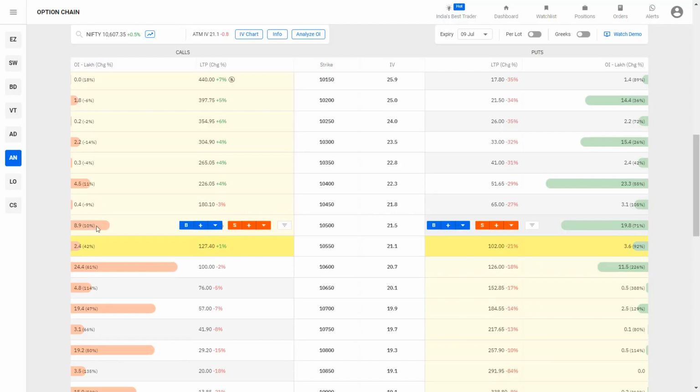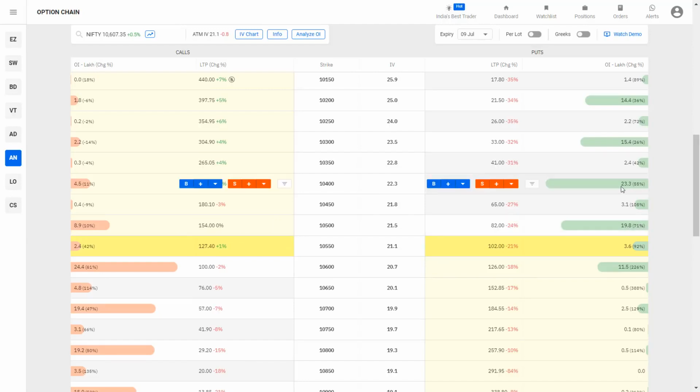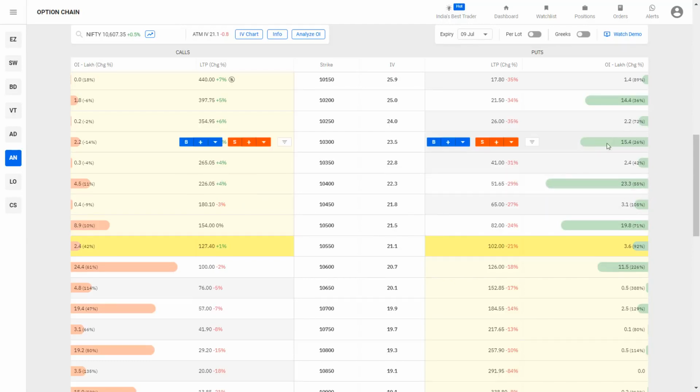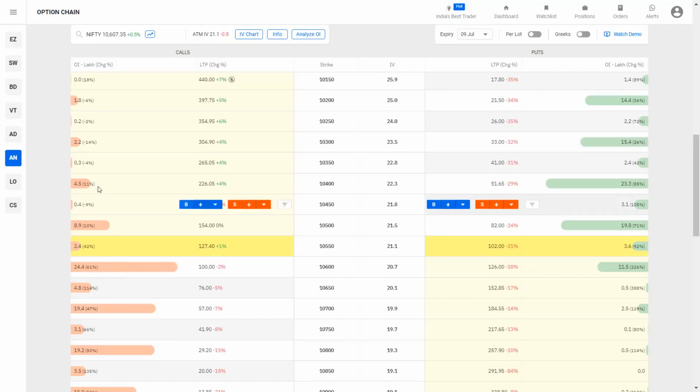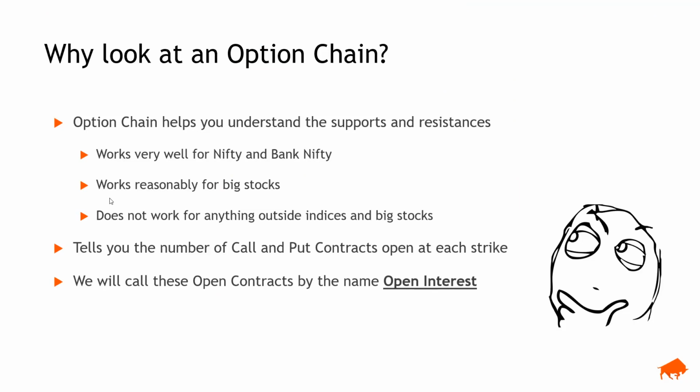In brackets, you can also see how much it has changed. So it means that this OI has increased 71%. This OI on 10,400 put, green side, has moved up by 55%. This OI has increased 26%, and so on and so forth, right?